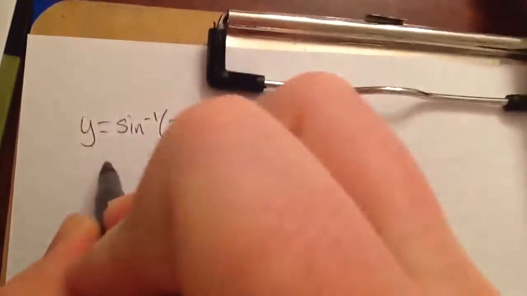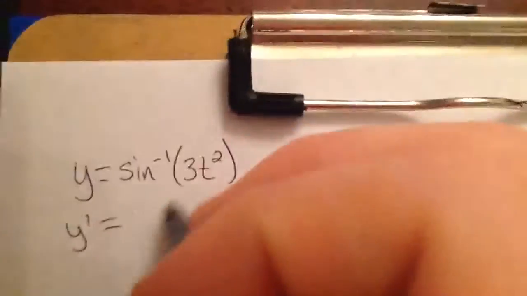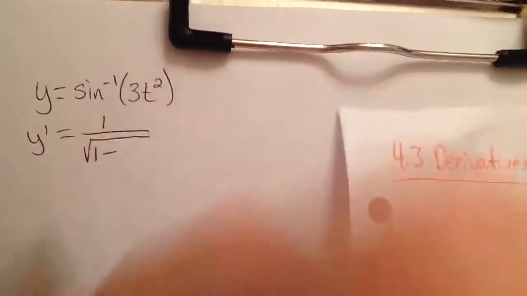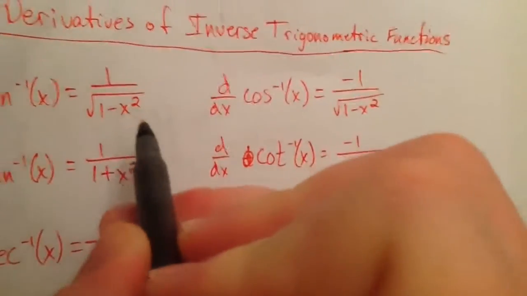So when we do this derivative, the derivative of the outside, I can't do quotes because I have one hand on the camera. So the derivative of the outside is going to be this. We'll have 1 over the square root of 1 minus, now you're obviously not going to put x squared. Pay attention to these formulas.